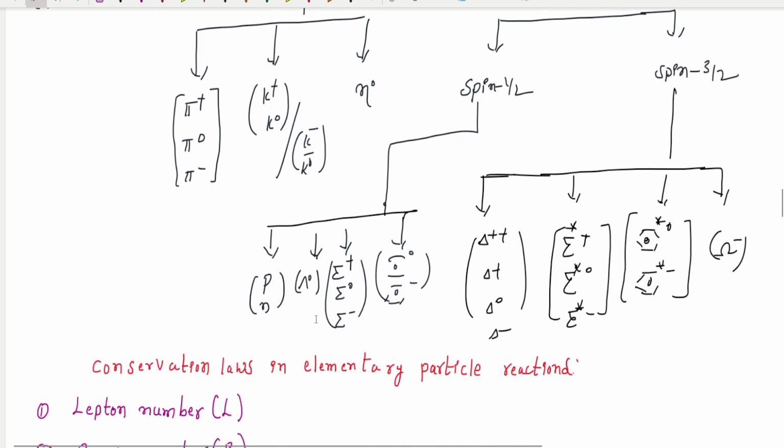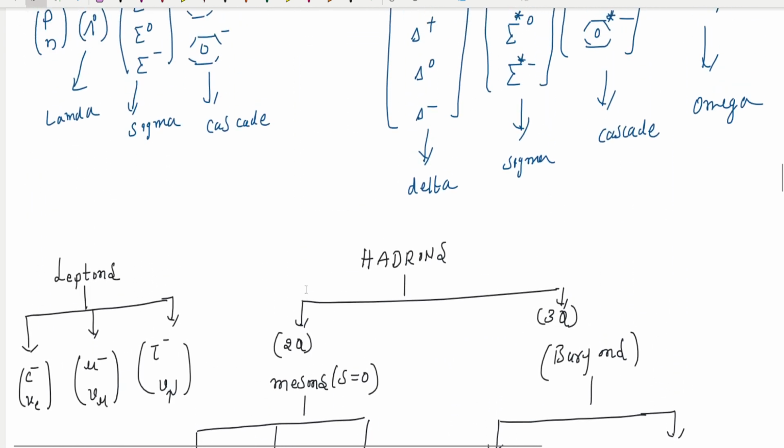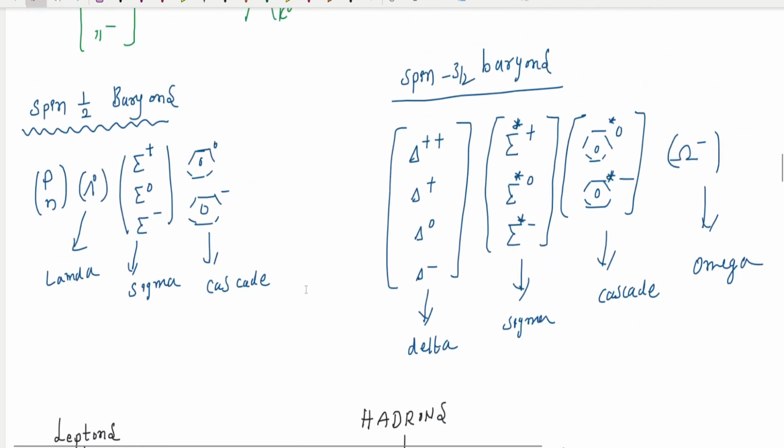P is the lambda, spin 1 by 2 baryons. No need to check these two things. Why didn't I check these two? Already a group of two particles is there, and isospin is also 1 divided by 2.